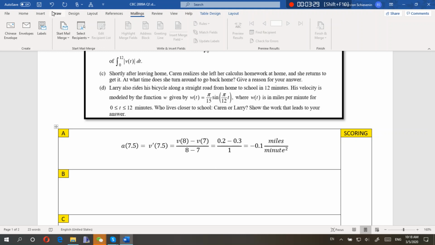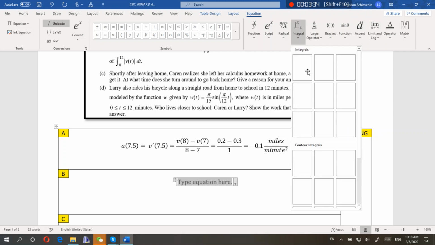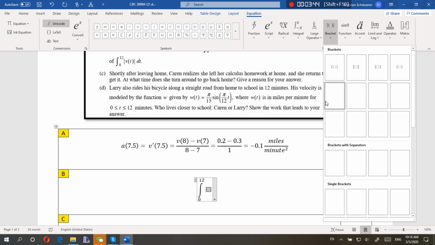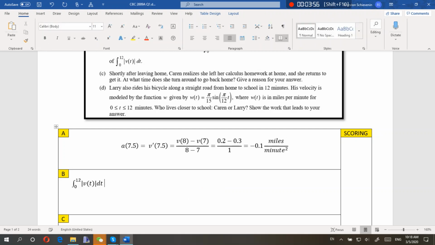So that was the integral from 0 to 12 of the absolute value of her velocity with respect to time. You told me it was the total distance that Karen traveled.